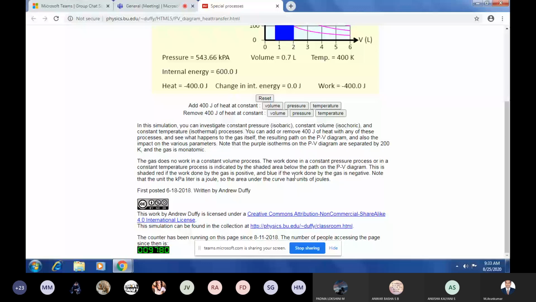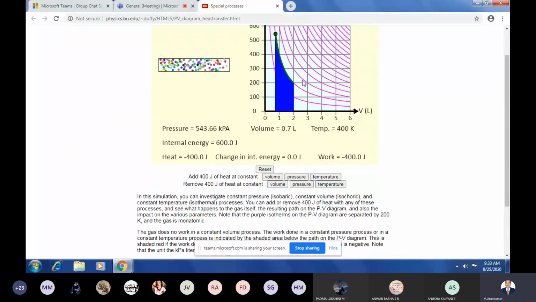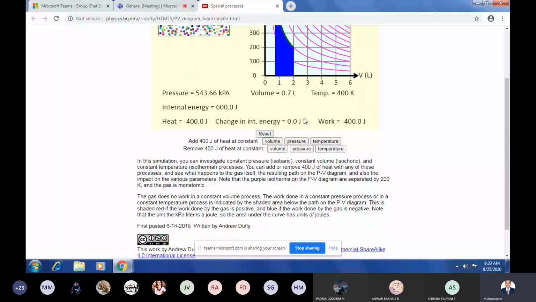In a constant temperature process, this will be blue, right? If the area under the curve is blue, the work done by the gas is negative, so here we are reducing the work done. So can you see, minus 400 joule. Here the work done by the gas is negative.